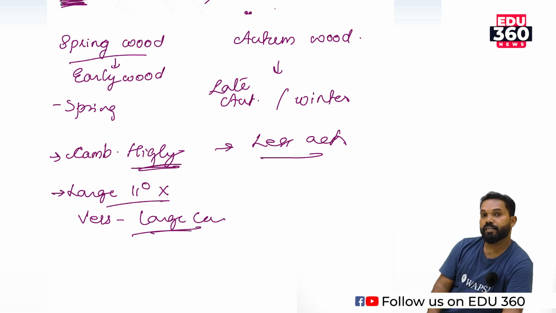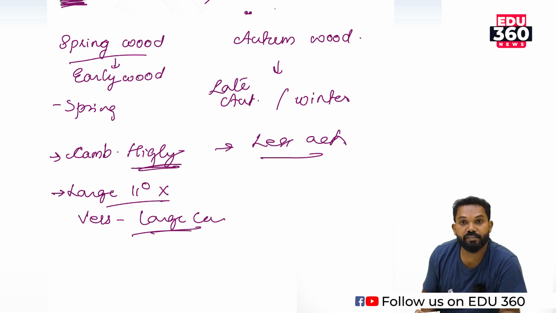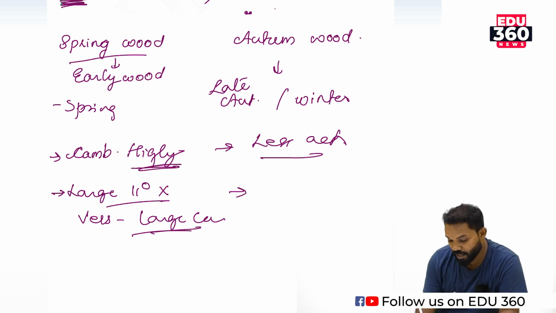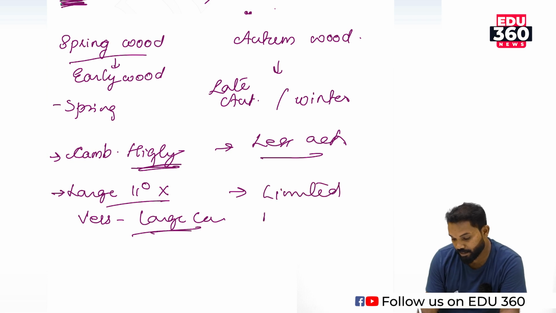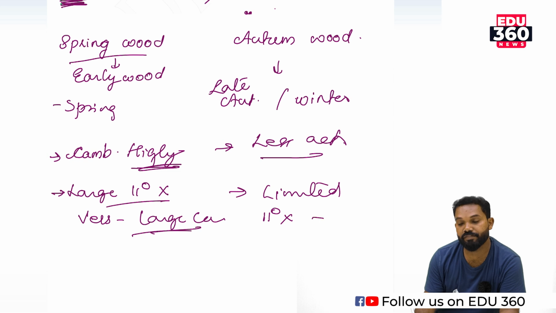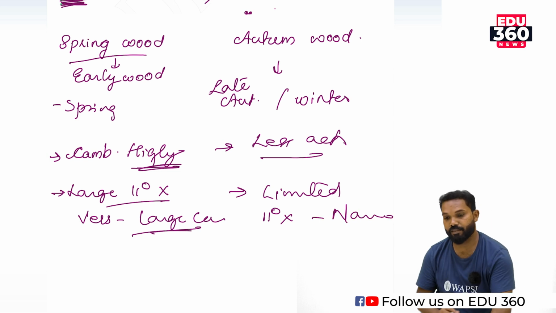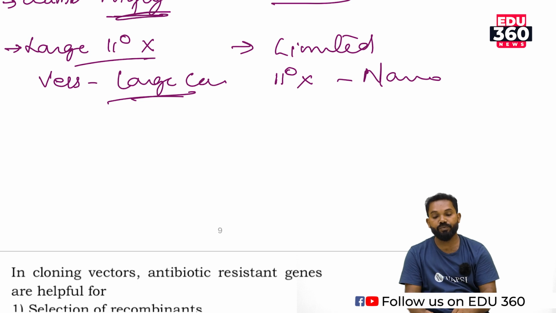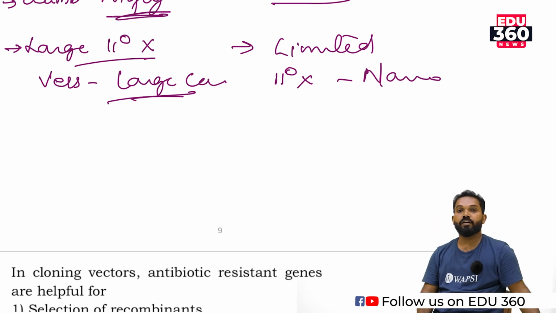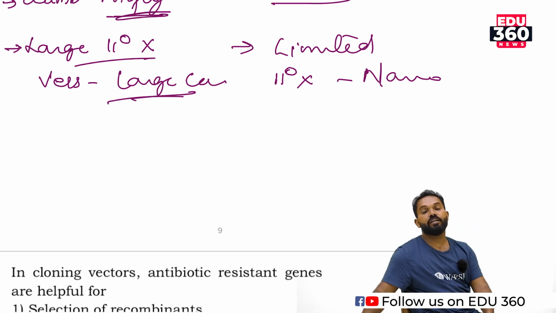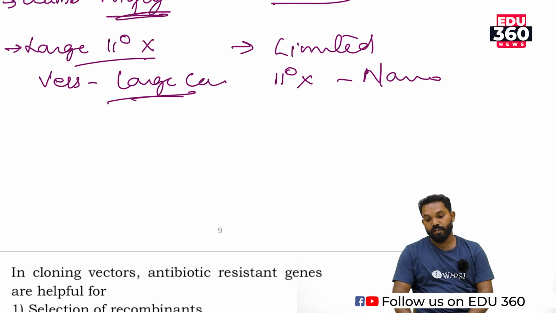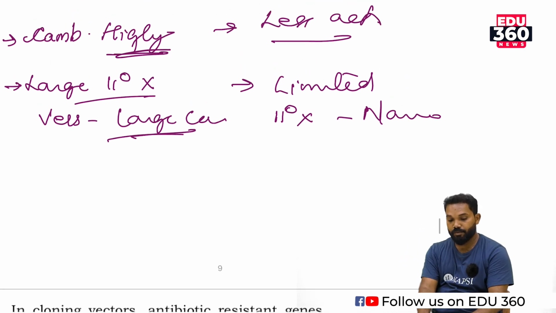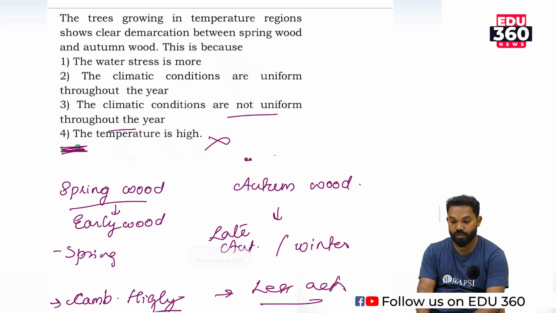During the winter season or late autumn season, cambium is less active and produces a limited number of secondary xylem having vessels with a narrow cavity. So during the winter season, narrow cavity wood is formed, and during the spring season, large cavity wood is formed. These types of woods are called spring wood and autumn wood.